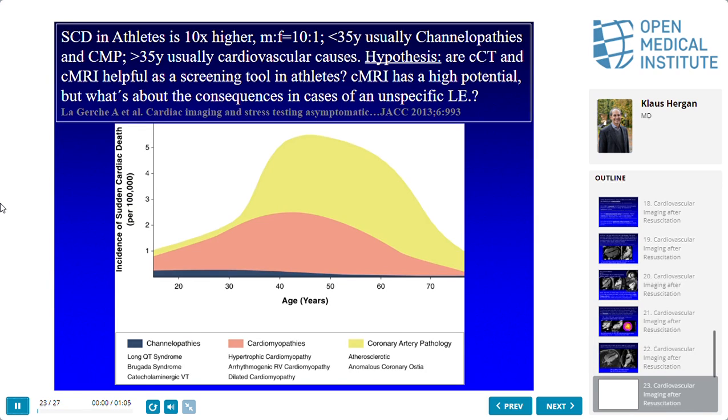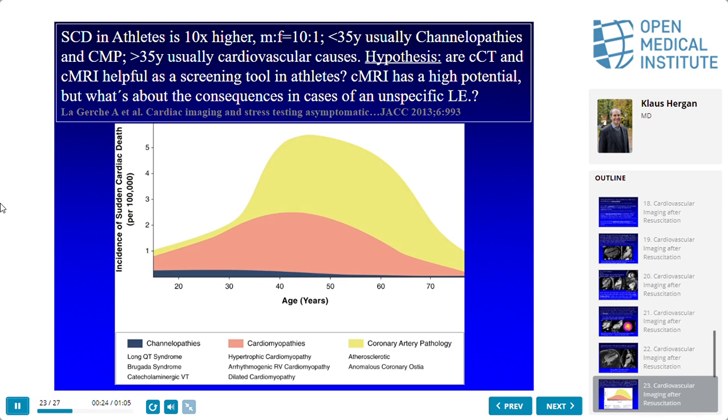And in this patient group, this is quite interesting to know, athletes have a 10 times higher risk to suffer from sudden cardiac death. And the relation between males and females is 10 to 1. This may be because there are many more males doing sports than females.